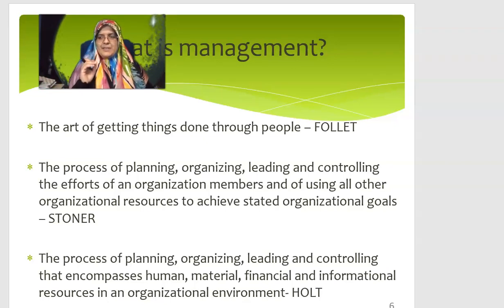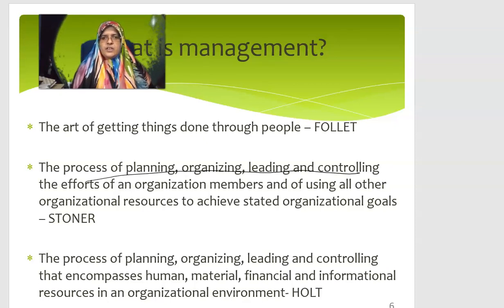So Stoner said something like this: the process of planning, organizing, leading, and controlling. You can see that the words are exactly here. The efforts of an organization's members, and using all other organizational resources to achieve stated organizational goals.